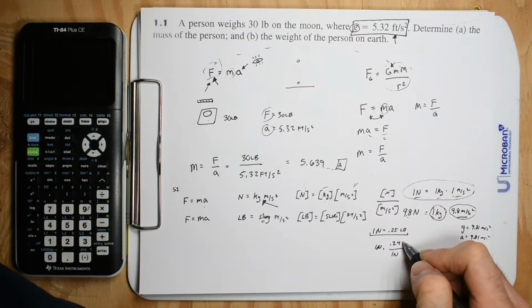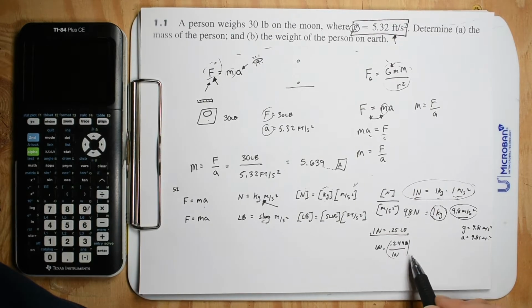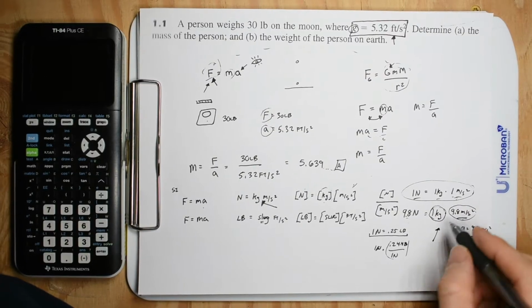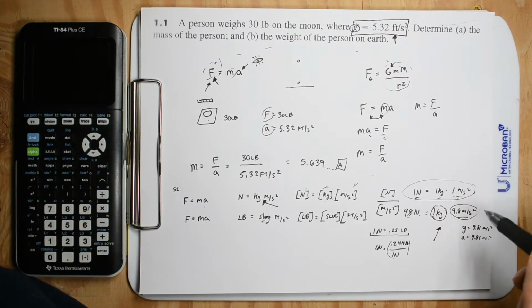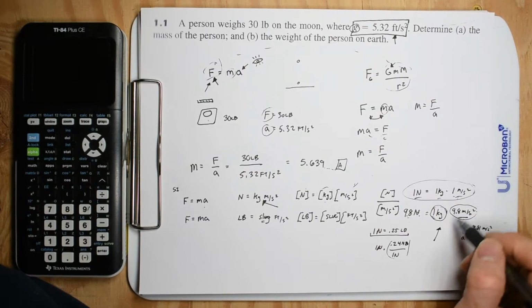I think it's just less. It says 0.2248. Anyway, I just memorized this, which was silly, because right here it actually gives you the conversion. So anytime you're trying to convert newtons to kilograms or newtons to pounds, use this.